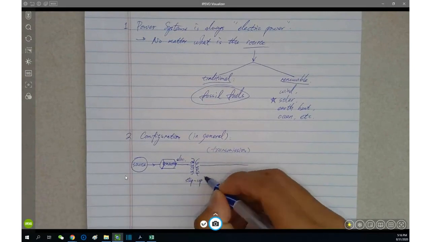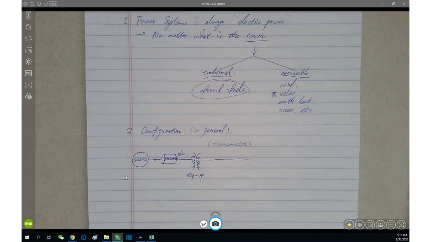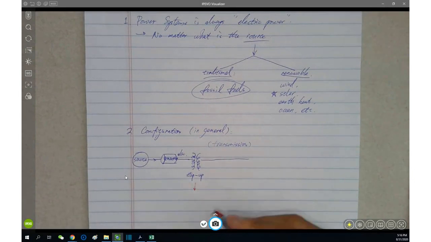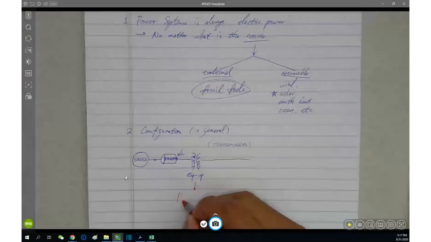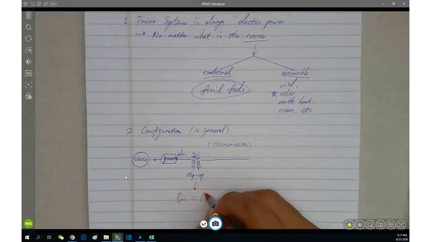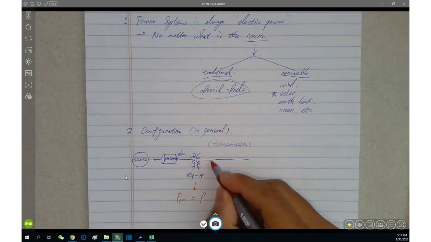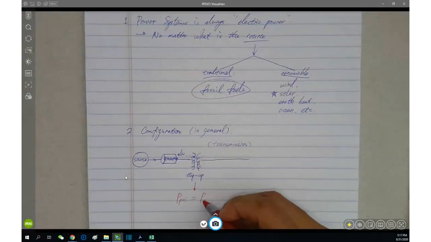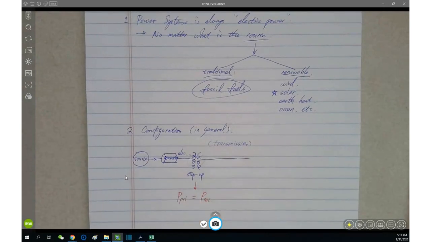Step up. And the reason is like this. Like Wally just mentioned, to reduce the power loss in the transmission. Why is that? It's very easy to understand. In this transformer, we have a primary side and a secondary side, right? Primary side power is equal to secondary side power if we assume 100% ideal efficiency, right?